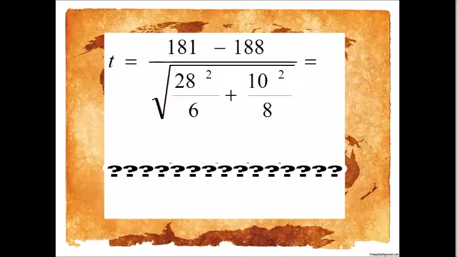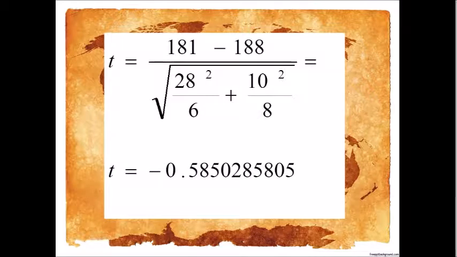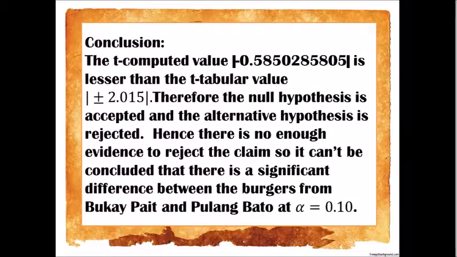Therefore, t is equal to negative 0.5850285805. The conclusion would be the t computed value negative 0.5805285805 is lesser than the t tabular value positive and negative 2.015.